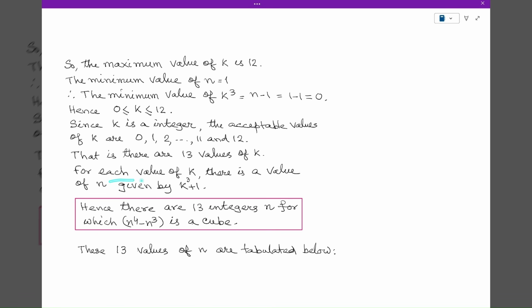For each of these values of k, there is a value of n given by k^3 + 1. Hence, there are 13 integers n for which n^4 - n^3 is a cube. These 13 values of n are tabulated below.